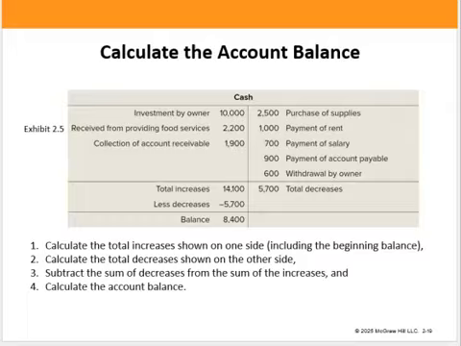So for example, an investment by an owner is increasing your cash, so it goes on the debit or the left side. You received money from providing a food service of $2,200. It goes on the left side or the debit side, and again, it's increasing your cash balance. You collected your accounts receivable for $1,900.